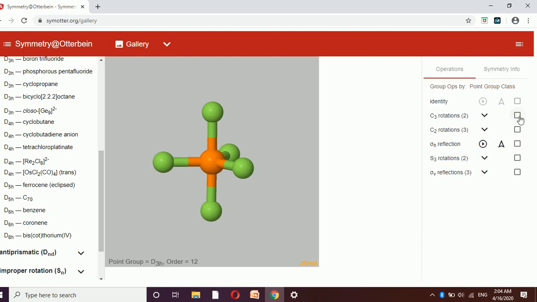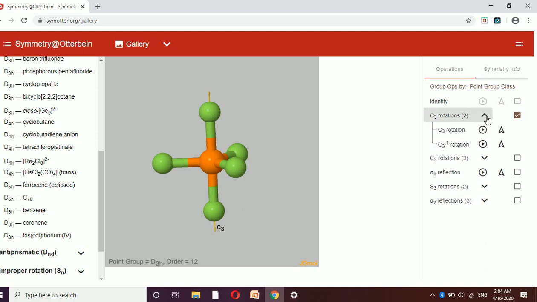Here you can have a C3 axis which is passing through phosphorus and two axial atoms. If you want a demonstration, yeah, you see. And the C3 inverse also. C3 twice is equal to C3 inverse.